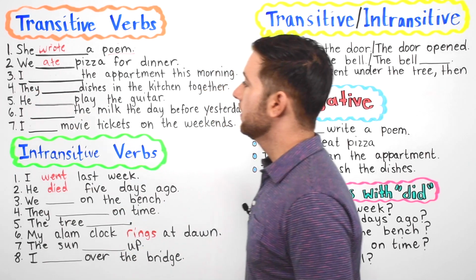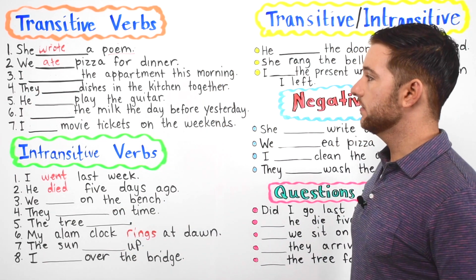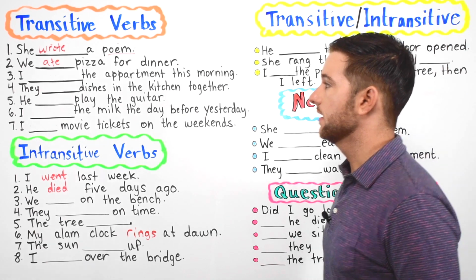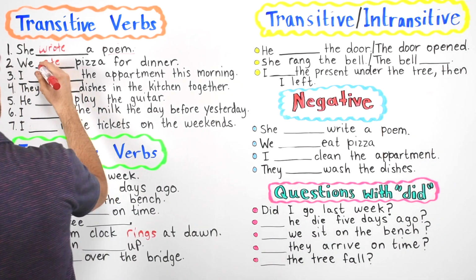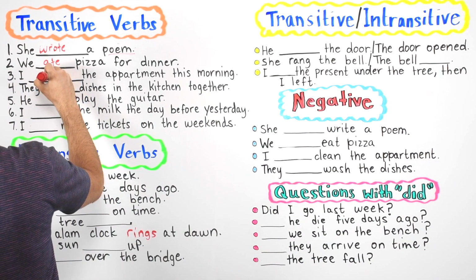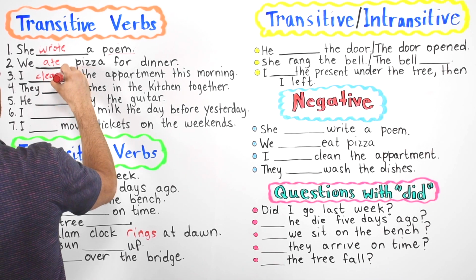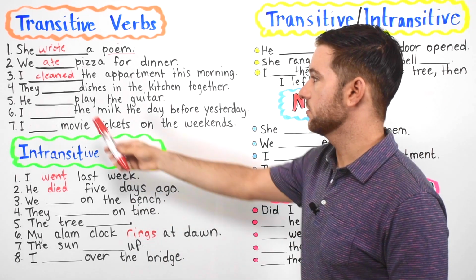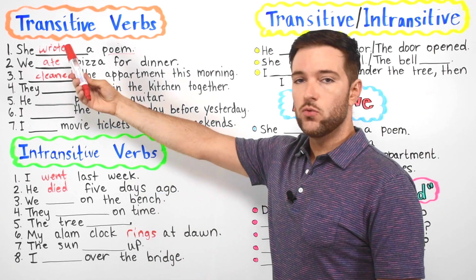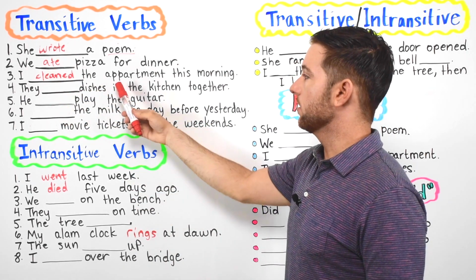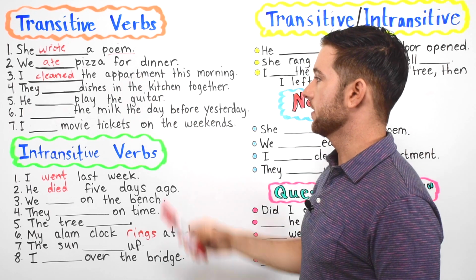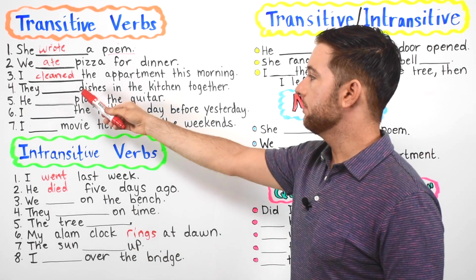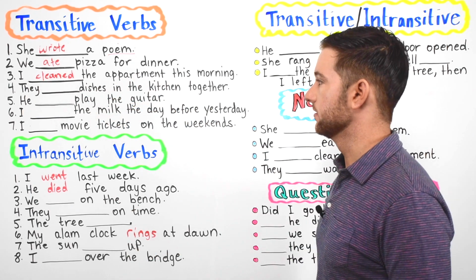Number 3, I blank the apartment this morning. You could say I cleaned the apartment this morning. It was very dirty, but now it is clean. So you clean what? You clean the apartment. The apartment is the object. Number 4, they blank dishes in the kitchen together.